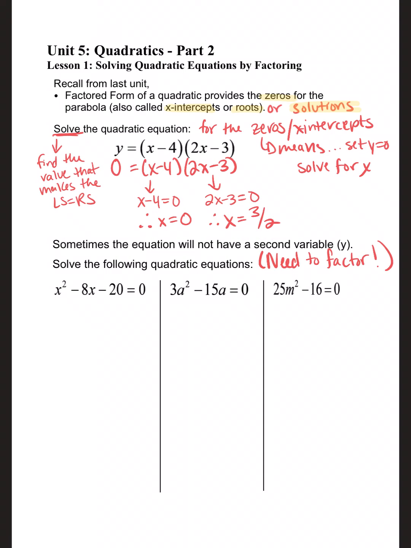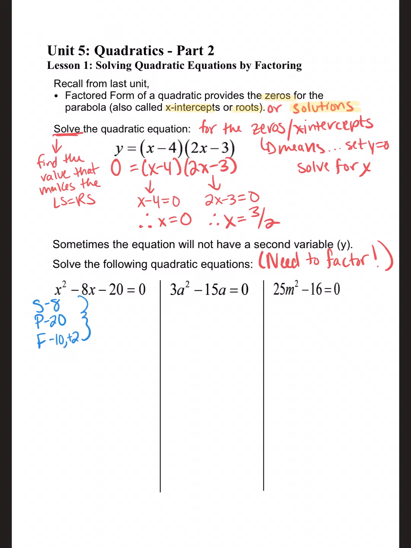My first example is x squared minus 8x minus 20. We have a simple trinomial, so we should be able to use SPF. I'll need two numbers that add to negative 8 but multiply to negative 20. Those two numbers would be negative 10 and positive 2.